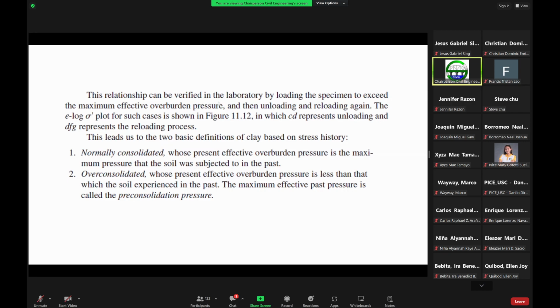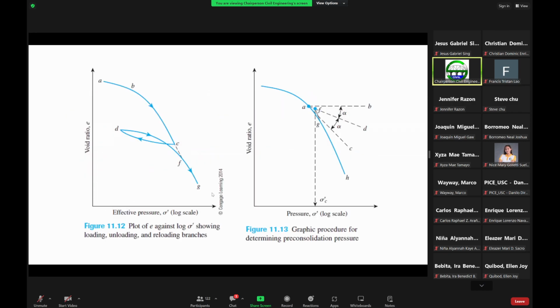For example, here in figure 11.12 in your book, we have an example of an e-log p plot, the void ratio versus the effective pressure sigma prime in log scale. Here we try to exceed the maximum past effective pressure, in such a way that you will have this curve here.